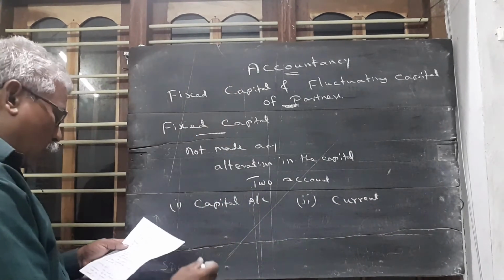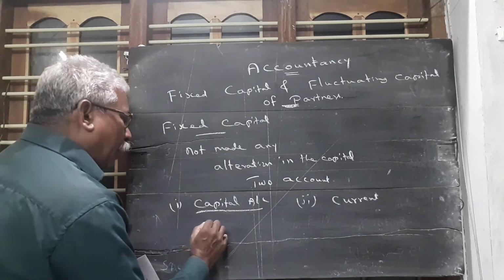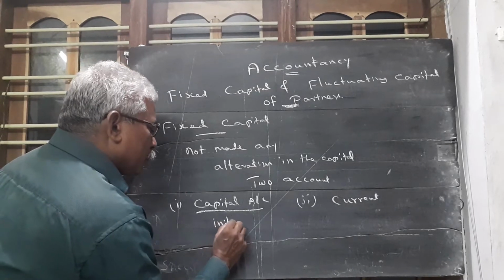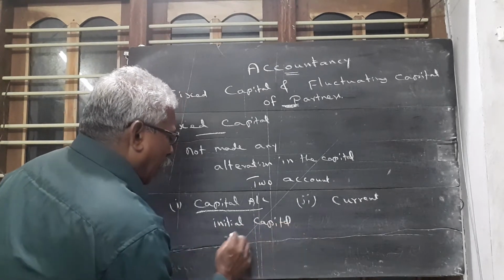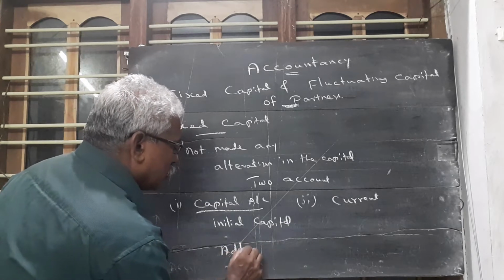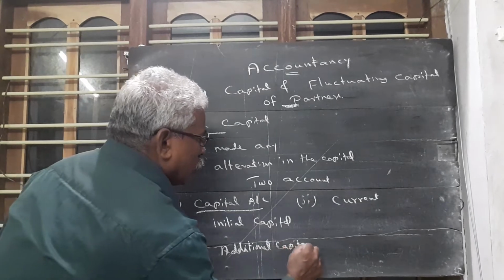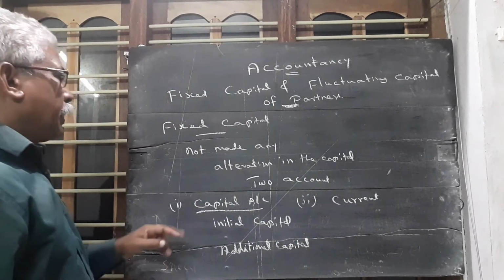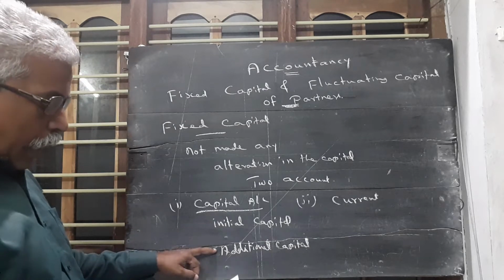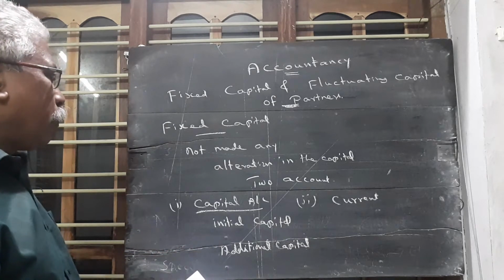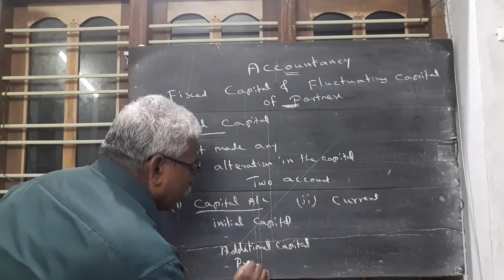In the capital account, only the capital amount, initial capital and additional capital, are recorded, along with any capital permanently withdrawn.